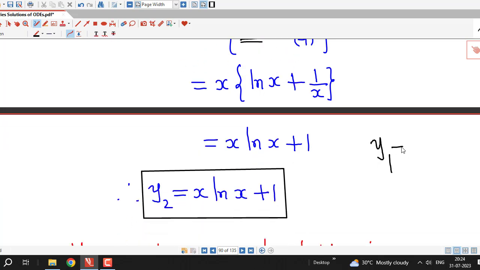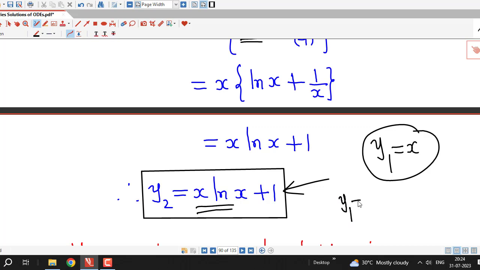First solution was y1 equal to x, and we can observe that both are linearly independent. We cannot write y1 as a constant multiple of y2, or we cannot write y2 as a constant multiple of y1.